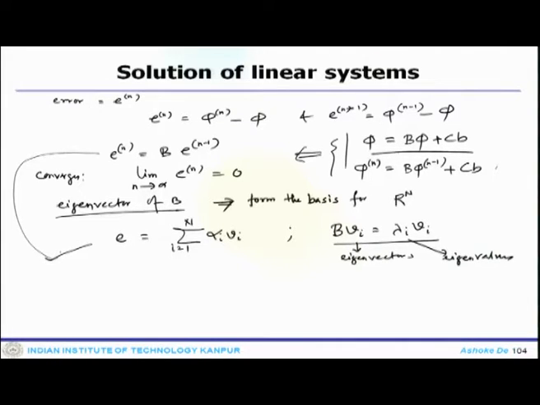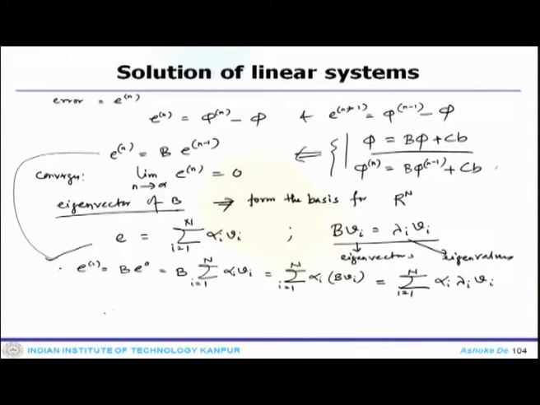Combining these two, one can say my error at the first level is B e^0, which is B times the summation of i = 1 to n of alpha_i v_i, which is the summation of alpha_i B v_i, which can also be written as the summation of alpha_i lambda_i v_i.